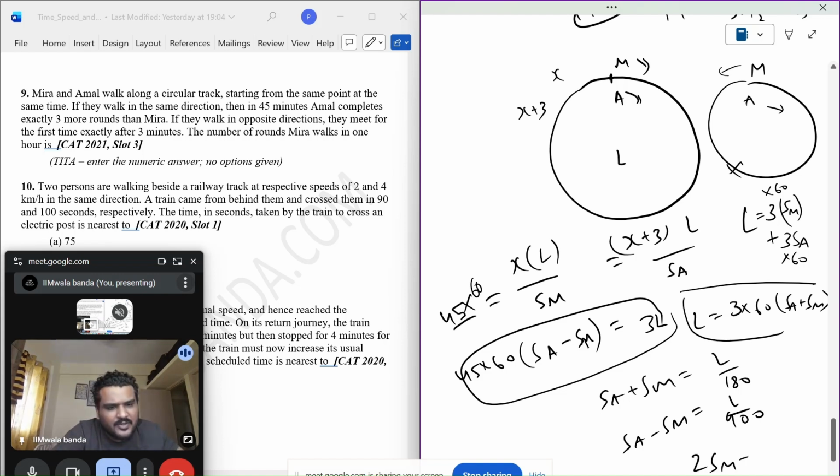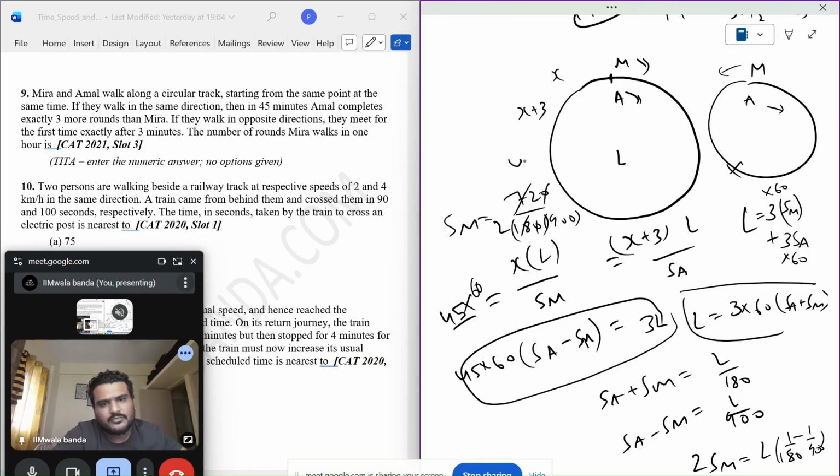So 2 SM is equal to L common, 1 by 180 minus 1 by 900, or 900 minus 180 is 720, and this is 180, this is 900, and this is 2. 8, 16, 24, 32. 4 down. 4 by 900, and this 2 also, right? So SM is 1 by 450.